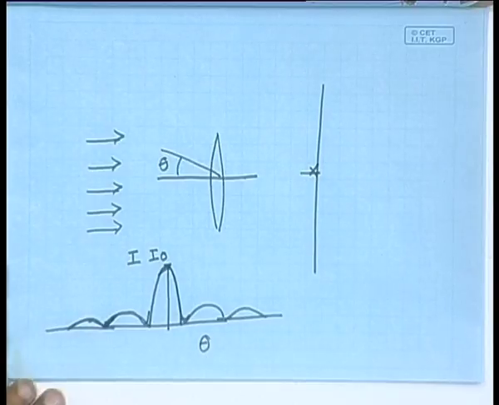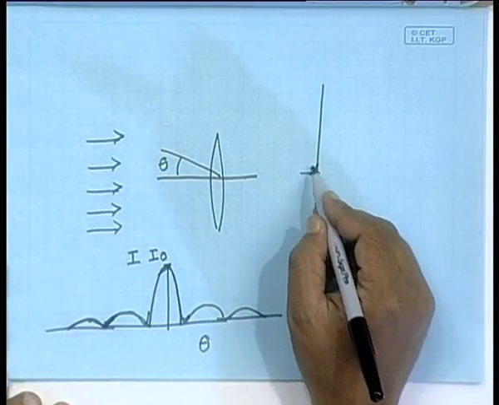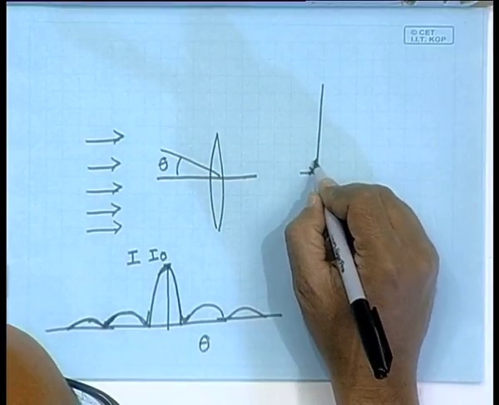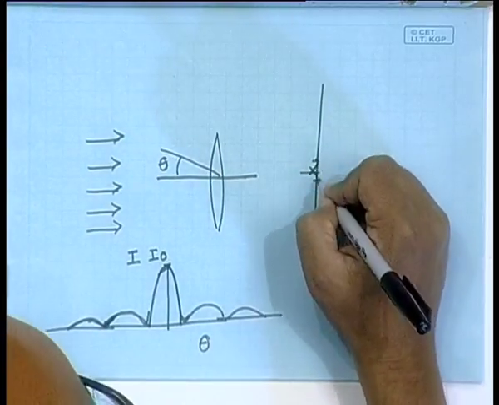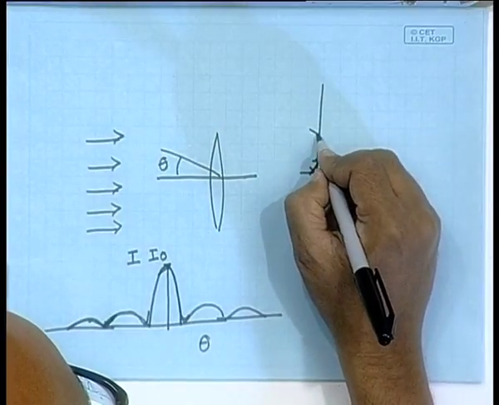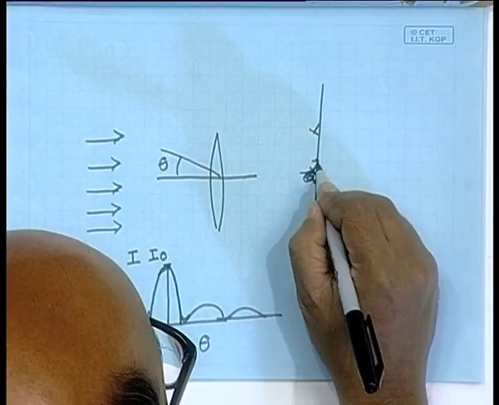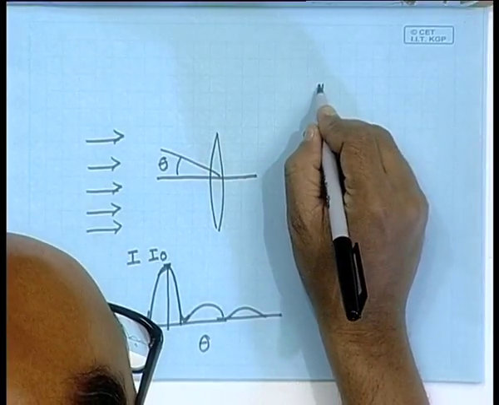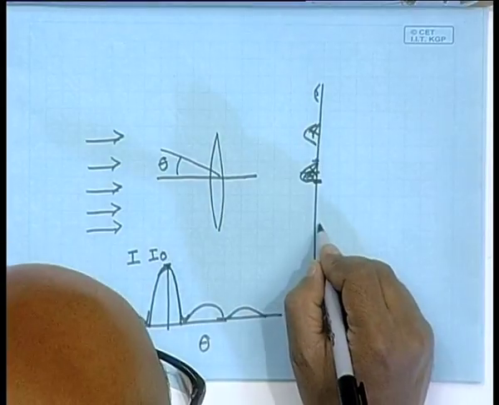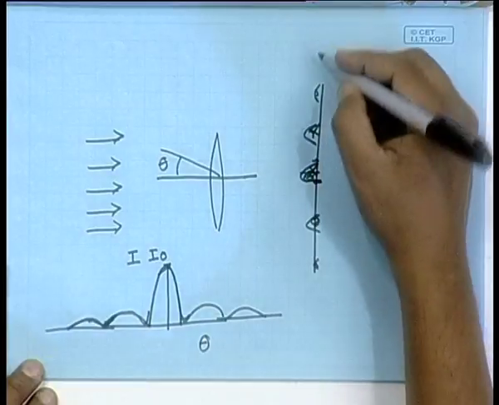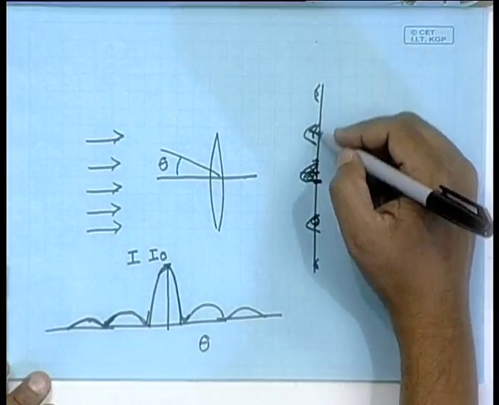So, the sinc square function, the intensity pattern on the screen over here, is going to look like this. You are going to have a finite size spot over here, and then some dark region, and then again a bright spot somewhere over here. You will have a bright spot here which is of finite size, and a bright spot here, and then a smaller intensity bright spot here, similarly here and here. So, you are going to get a sequence of bright spots.